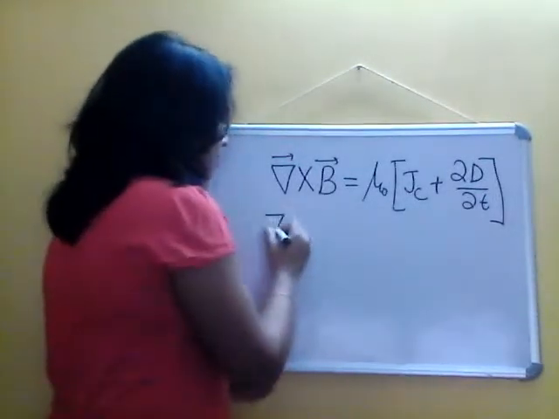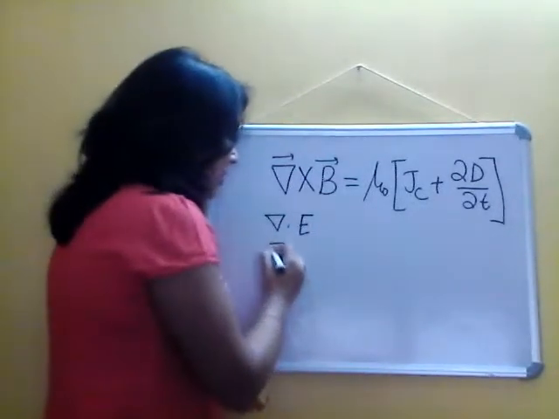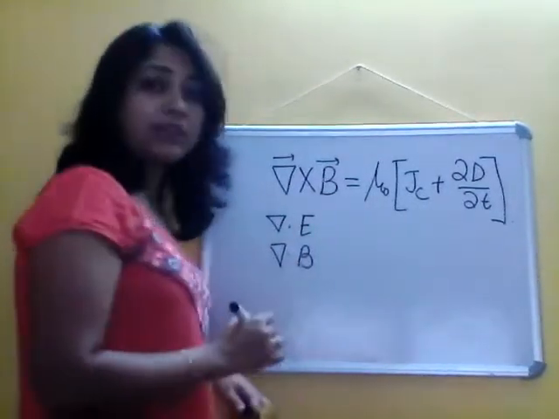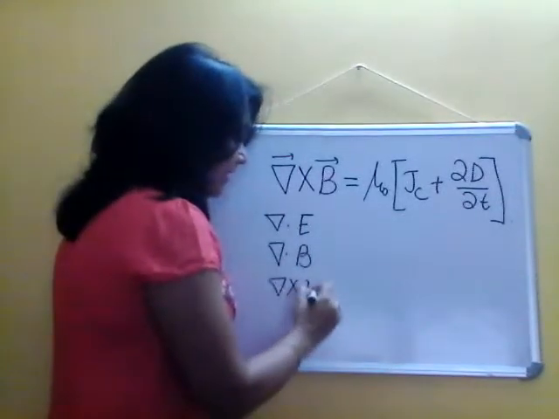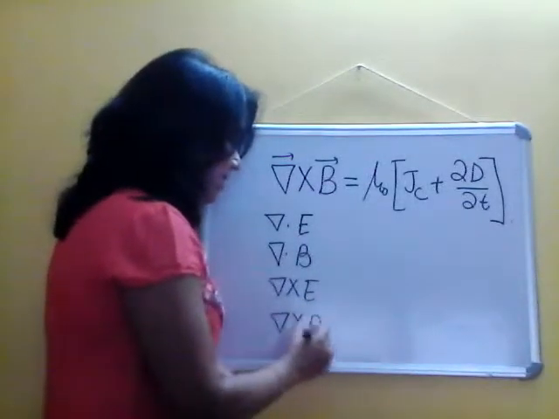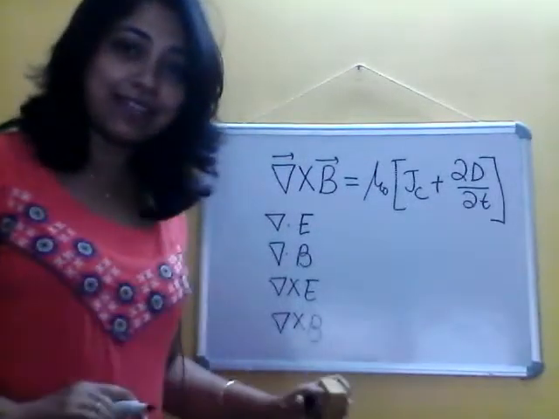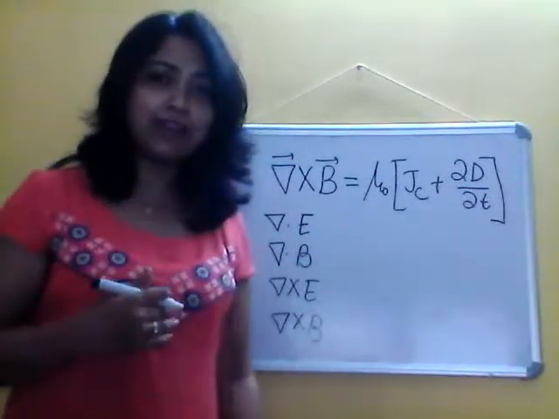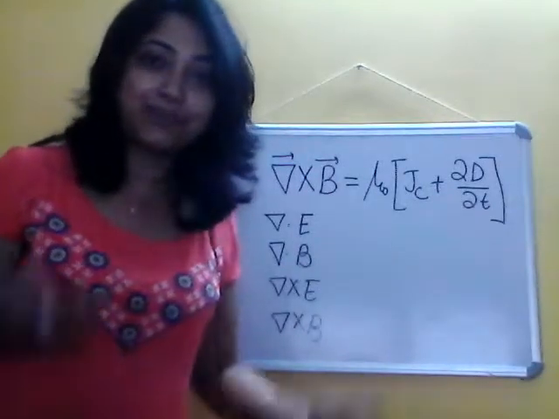The first law is divergence of E. The second is divergence of B. The third is curl of E, and the final is curl of B. So we are just changing E, B; divergence first, curl second. If you think in this manner, you can always remember which one is the first equation, which one is the second equation. Right.